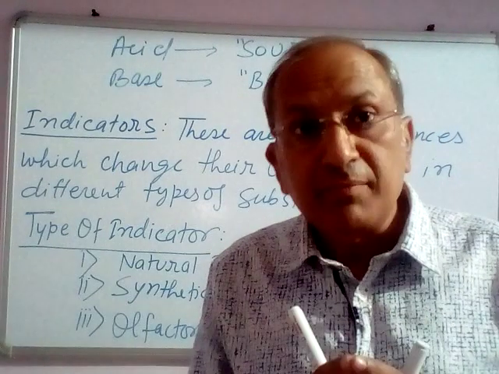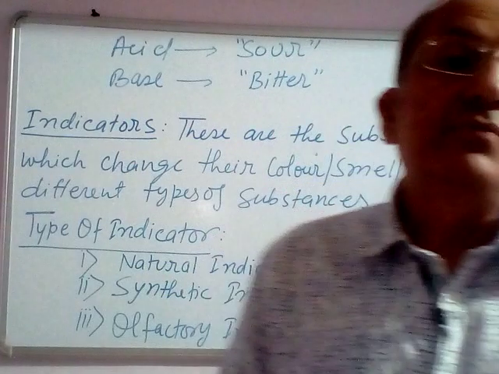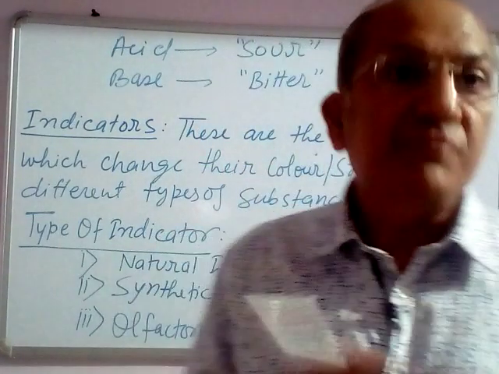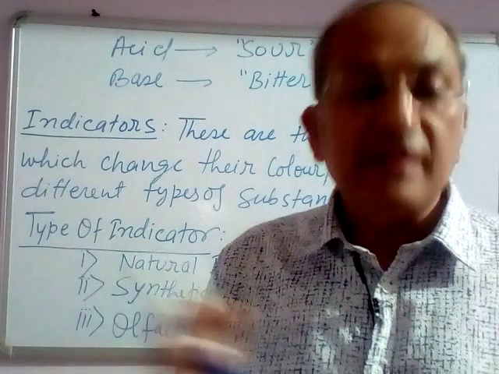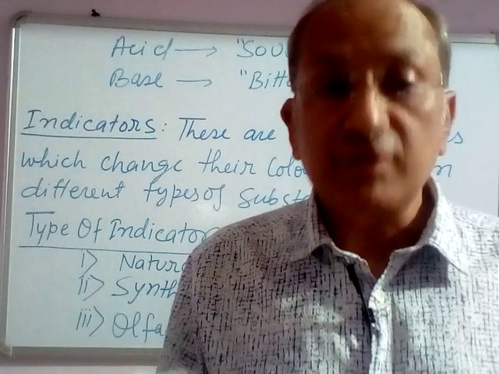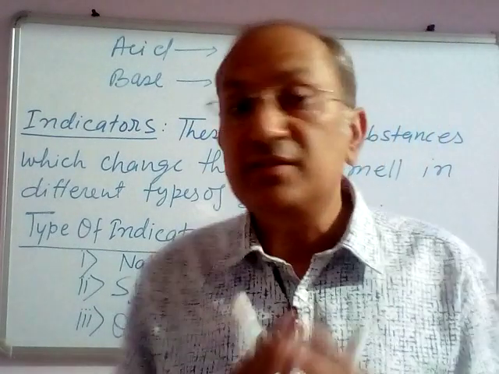For that requirement we use indicators. We can check lemon, we can check oranges, and we can check vinegar, but we cannot check H2SO4, which is also an acid, or HCl, which is also an acid, because it is dangerous for us.